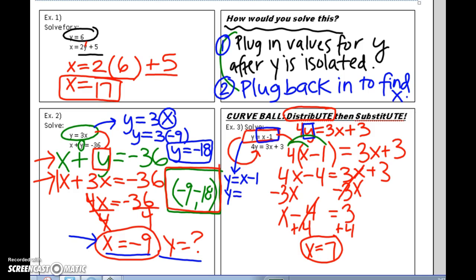We already know x is now 7, which means y is equal to 6. Now I just need to make sure I put my answer in an ordered pair: x first, y second, and my answer is (7, 6). This is all for our examples of substitution to solve systems of equations.